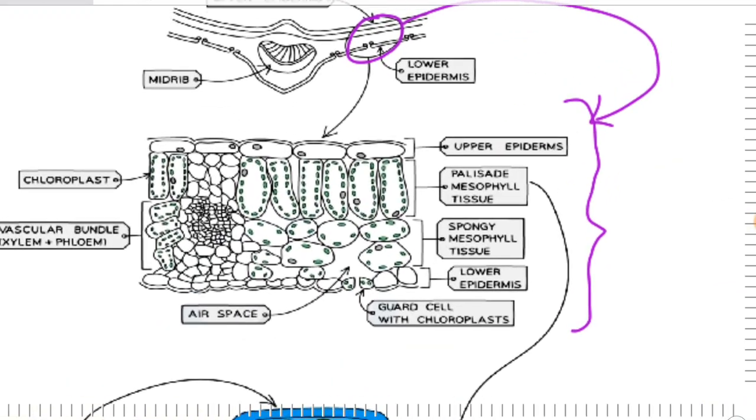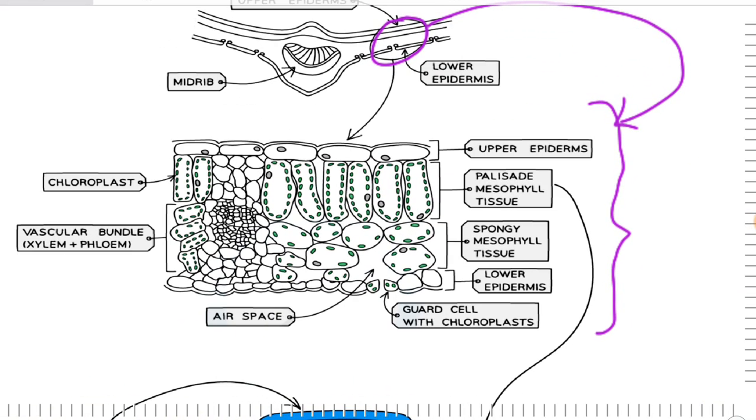If I am to zoom in so that we can clearly see, here we have the chloroplasts. Our chloroplasts are found in the type of cells that are called palisade cells or palisade mesophyll, right? When you say a palisade mesophyll or tissue, it's just a group of cells which are palisade-like.